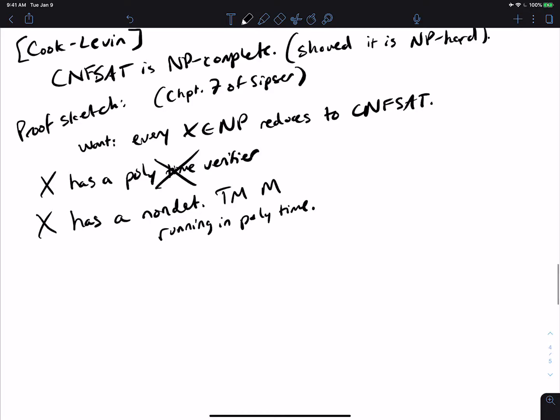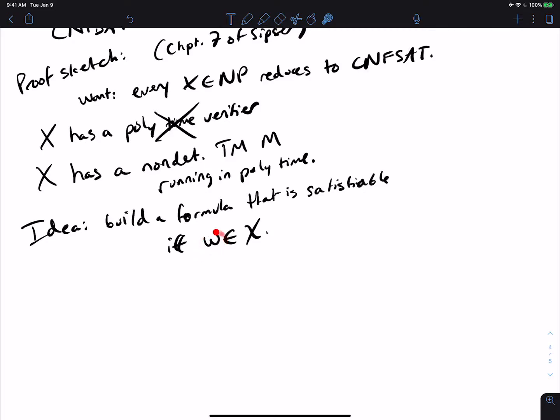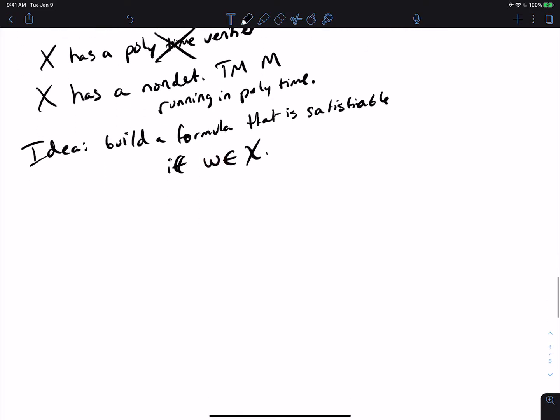So what is the idea? Their idea was to build a formula that is satisfiable if and only if we're given a string W that is in X. If we're given a string W, I'm going to make a formula, and the formula is satisfiable if and only if W is in X. So what is the reduction here?